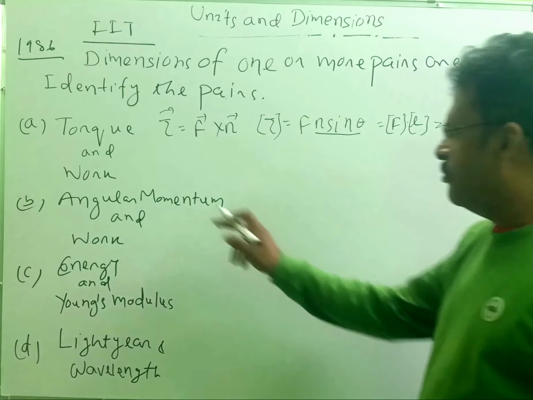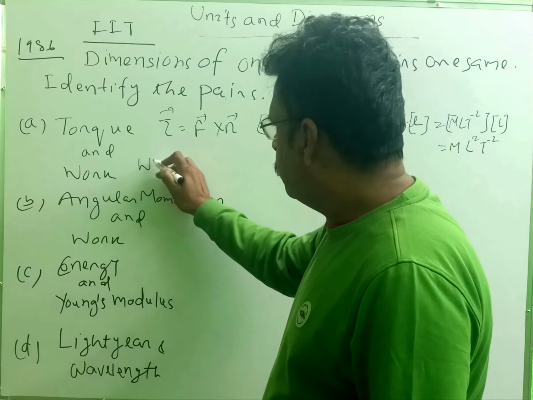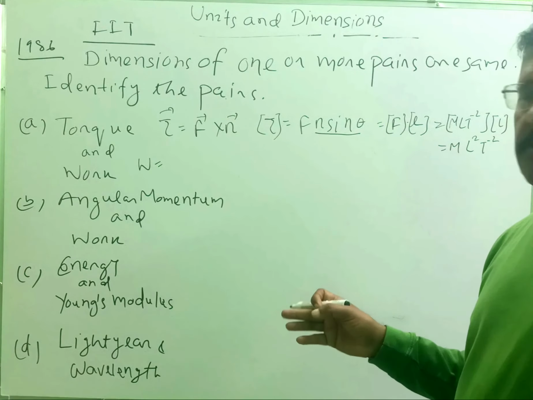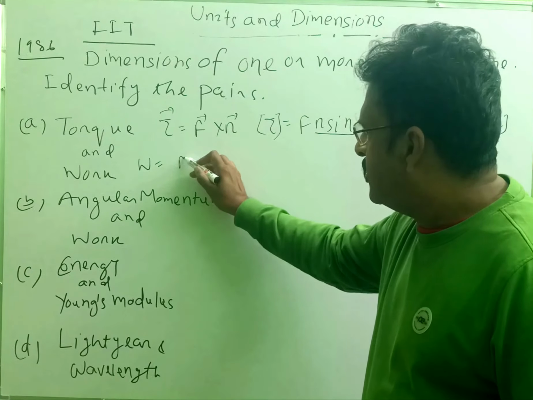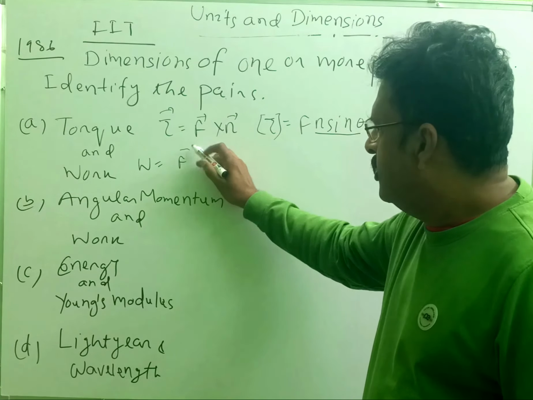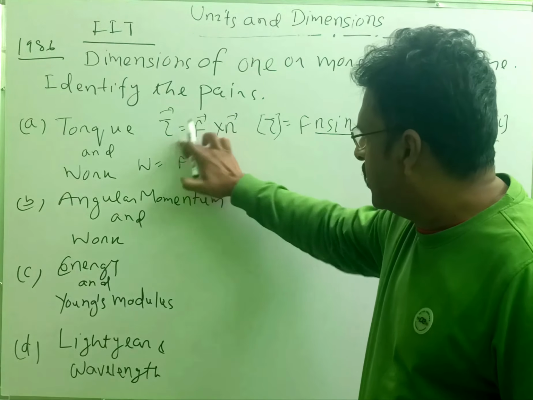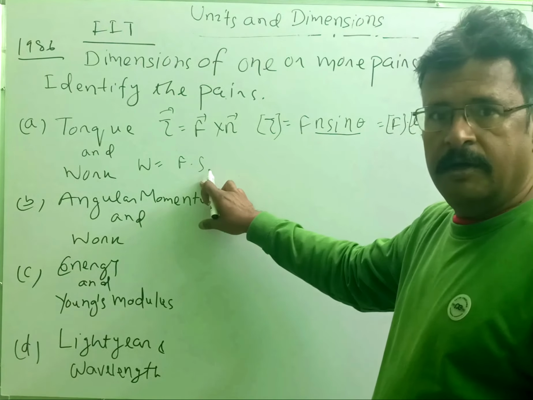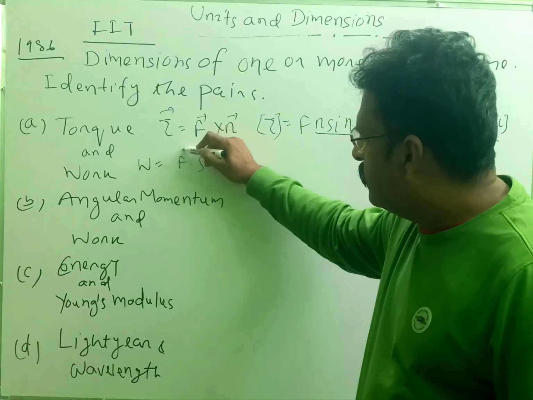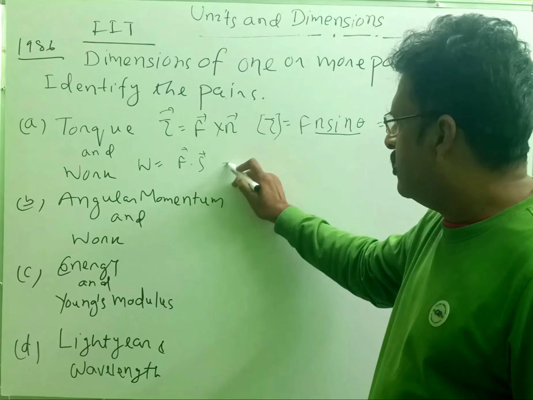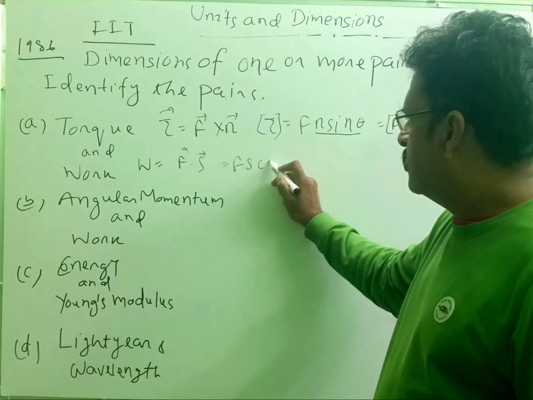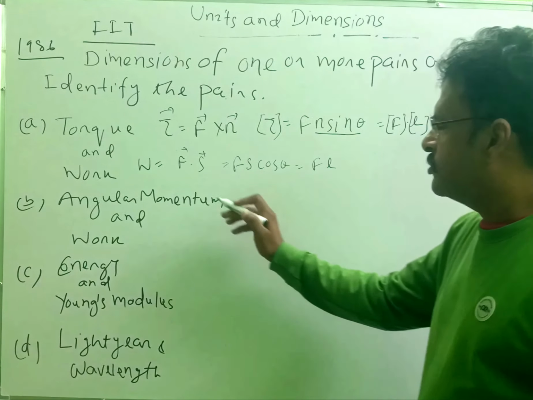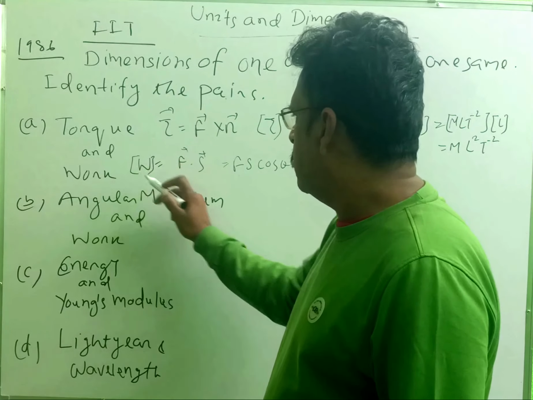Okay student, what is the formula for work? If a force F is acting on a body and displaces it through a distance S, then work is said to be done. Work is a scalar quantity, given by the dot product of force and displacement, or Fs cos theta, or we may simply say F into L. So what will be the dimension of W?